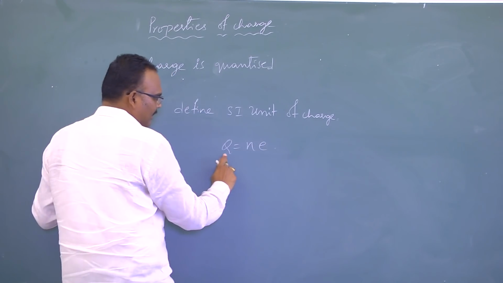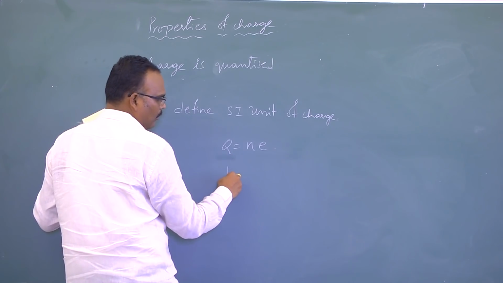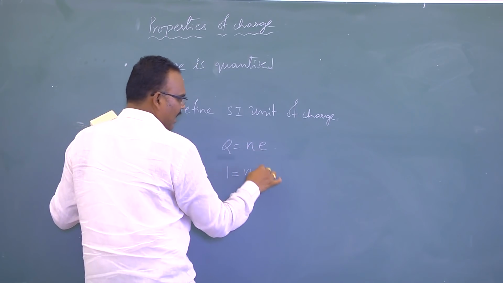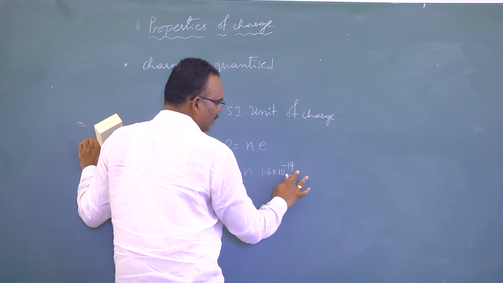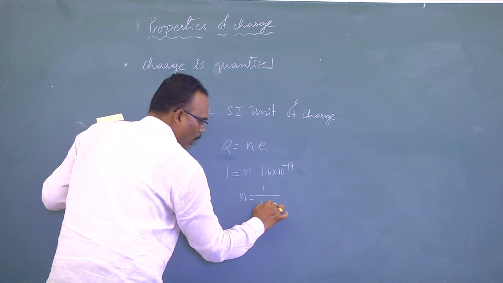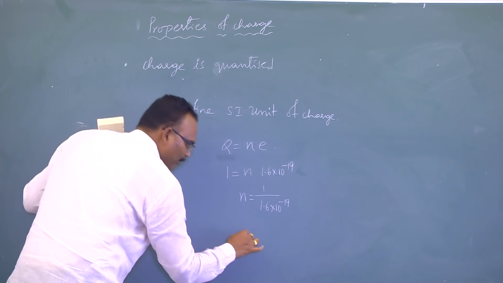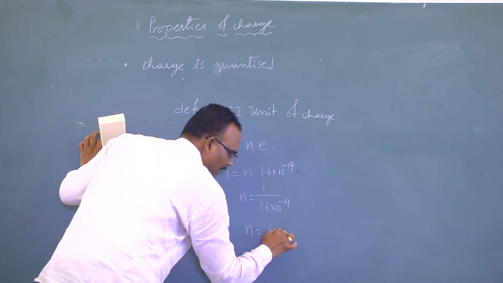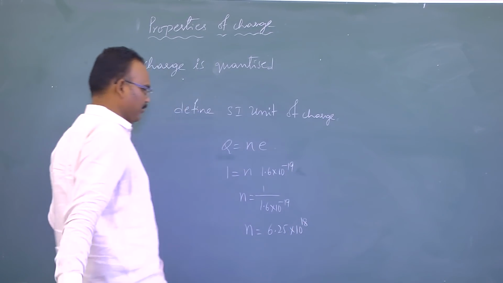If the charge on the body is 1 coulomb, N is an integer, and E is the charge of the electron, that is 1.6 into 10 to the power of minus 19 coulombs, then N is equal to 1 by 1.6 into 10 to the power of minus 19. If you simplify this, you will get N as 6.25 into 10 to the power of plus 18.